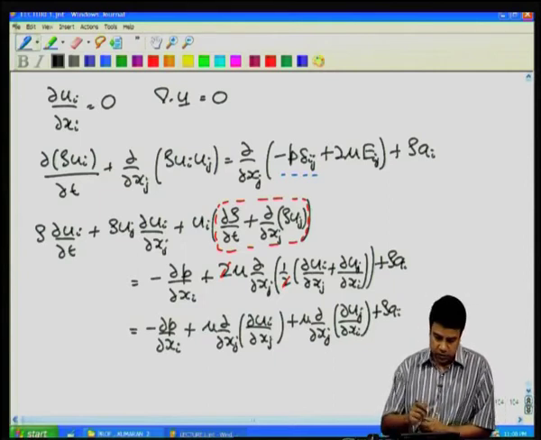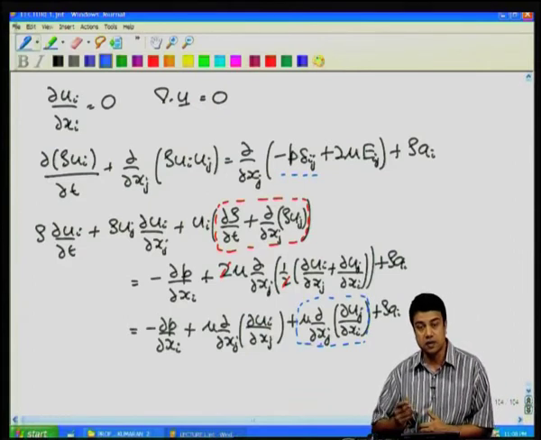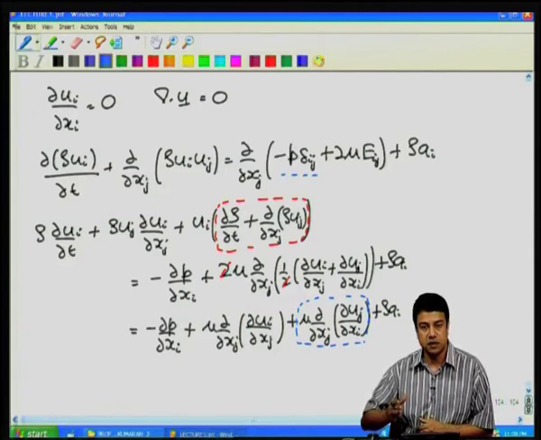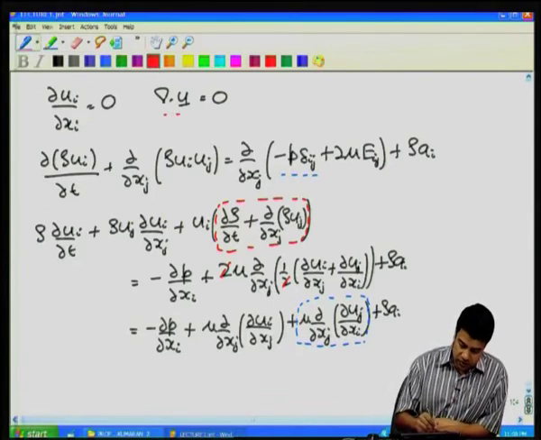In this second term here, xi and xj are independent coordinates. So, you can interchange the order of differentiation. Partial by partial xj of partial uj by partial xi is also partial by partial xi of partial uj by partial xj, and partial uj by partial xj is just the divergence of the velocity, which as we know is 0.